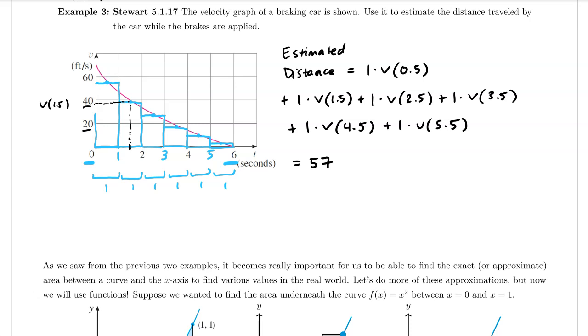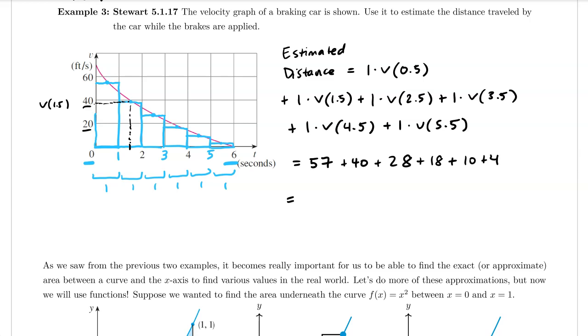And so I might actually just eyeball it and make it 40. I think I drew it a little bit under 40, but 40 or 39 should be fine. And I'm just going to go ahead and fill in the rest of the values that I think I was able to eyeball for the output values of my velocity function.